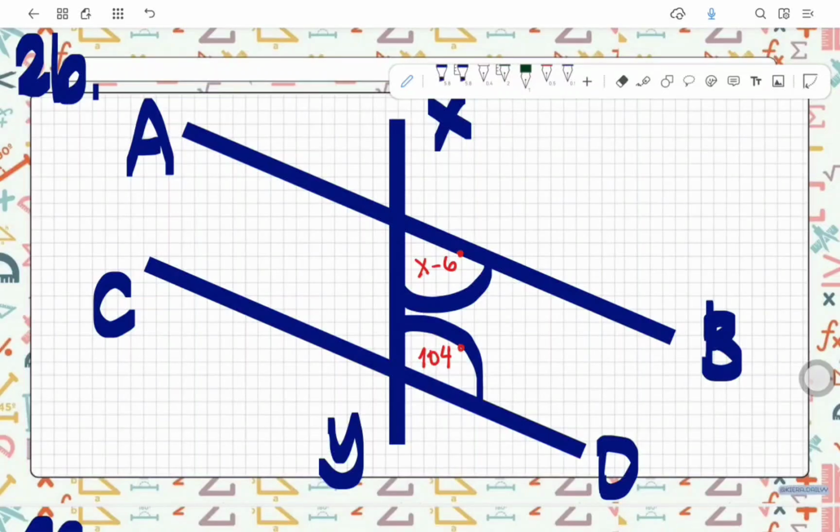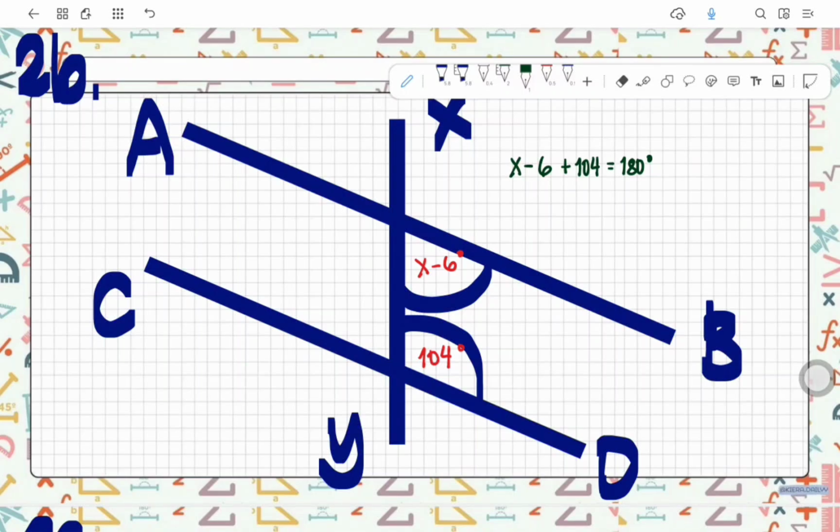So that will be the first angle, x minus 6, plus 104 is equal to 180 degrees. Since this is only addition, we can just remove our parentheses. So what we have is x minus 6 plus 104. Now we are going to transfer minus 6 and 104 from the left side to the right side.